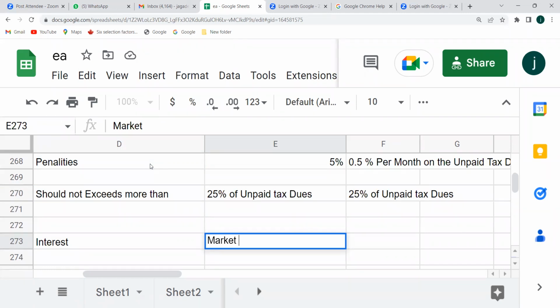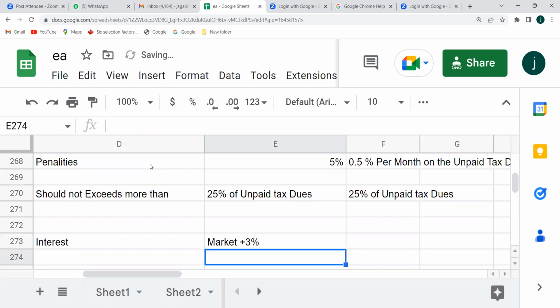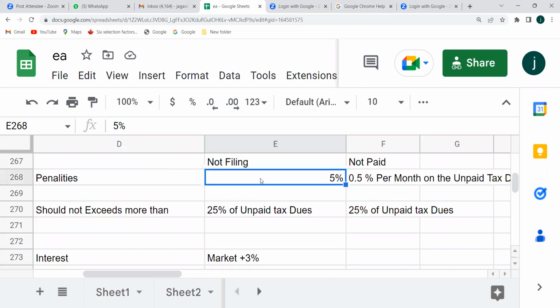For example, in India the income tax used to follow the SBI rates. So it is based on market rate plus 3%. This is for interest. For penalties, it should not exceed more than 5%.